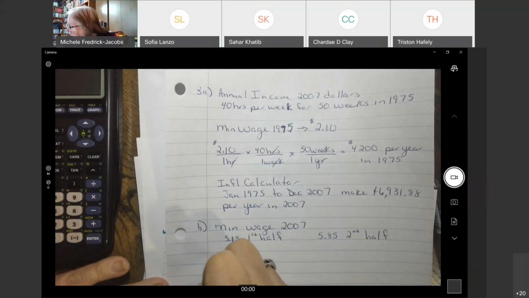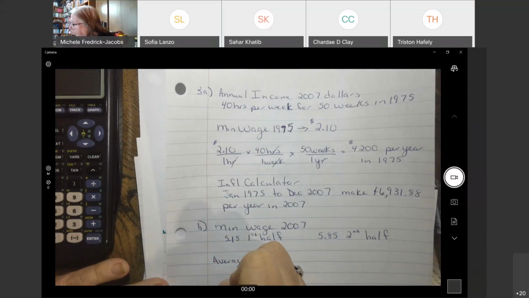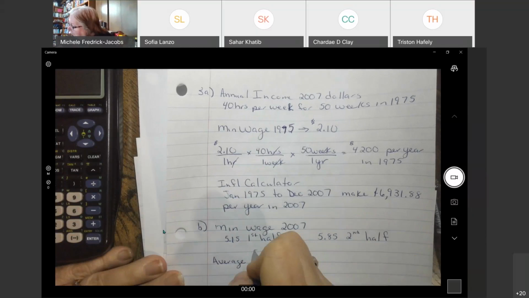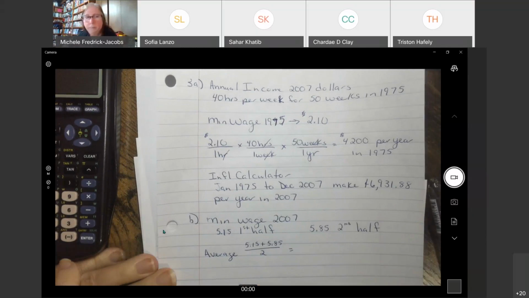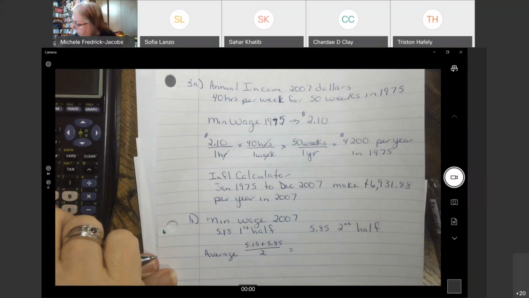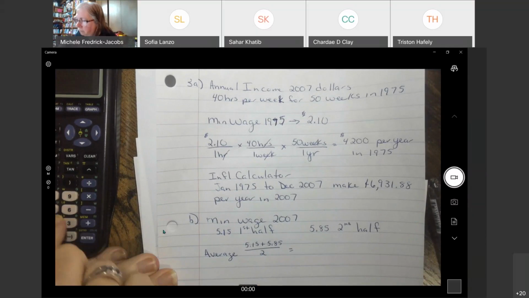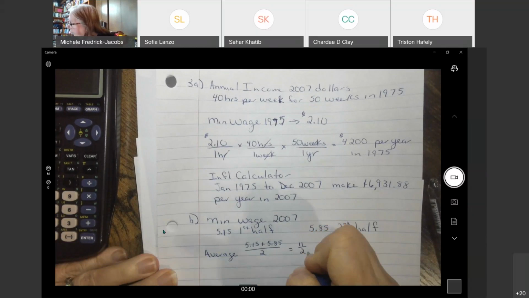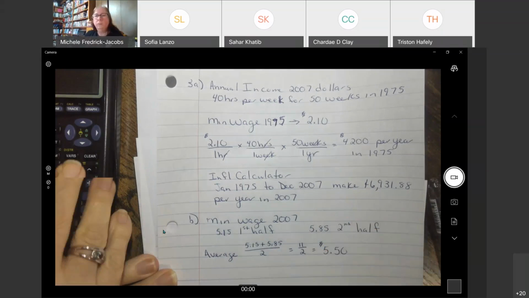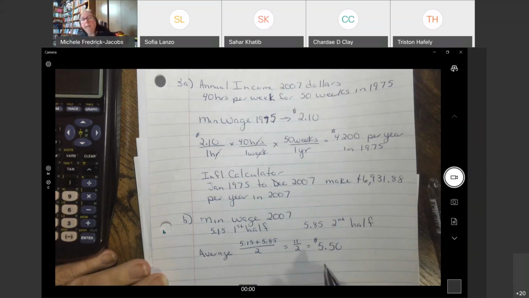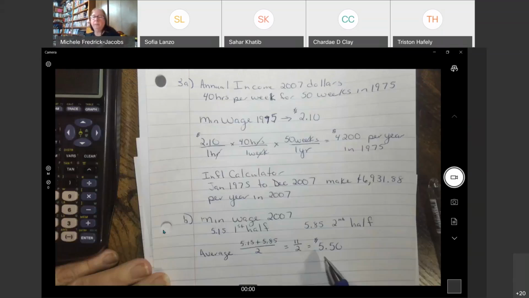So if we find the average first, when you're finding the average, you add them together and divide by 2. So if you wanted to find your average hourly rate, because it changed halfway through, you made approximately $5.50 an hour.